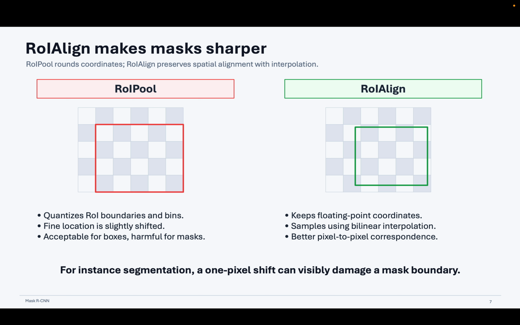For classification, a small shift may not matter much, but for mask prediction, the output has to line up with the object pixels. A one-pixel shift can damage a boundary. RoI Align removes that harsh rounding. It keeps the floating-point coordinates and samples feature values using bilinear interpolation. The result is a fixed-size RoI feature map with better pixel-to-pixel alignment.